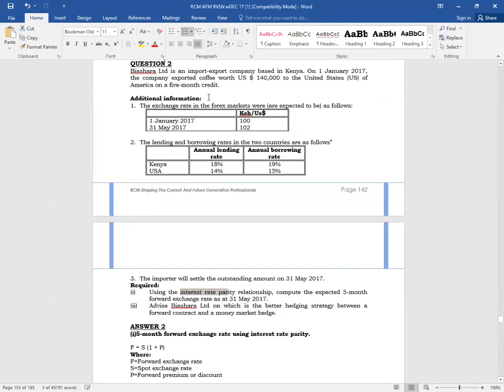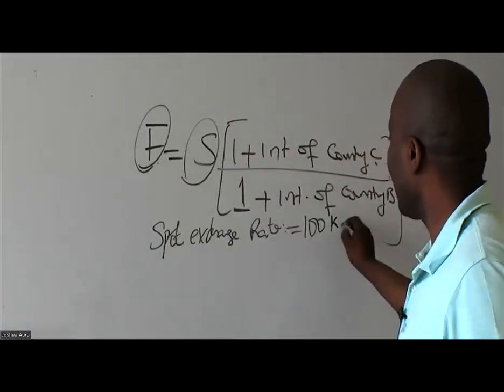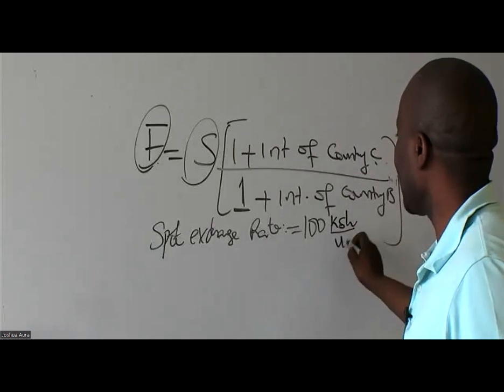Remember the contract here is entered into on 1st of January 2017, right? So the rate existing on 1st January 2017 is the one that I'll pick: 100 Kenya shillings per US dollar.